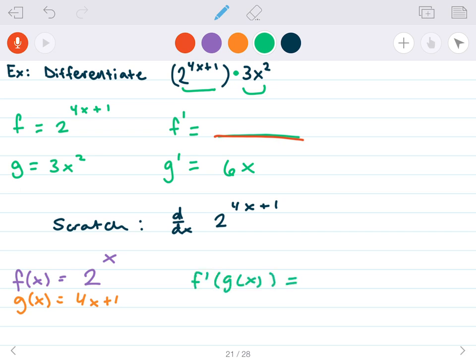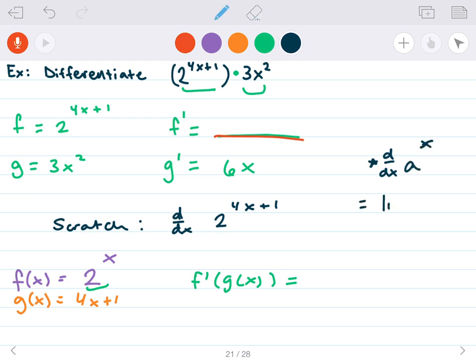Remember this was the special derivative, so let me just remind you of what that was. Let's do it like the derivative of a to the x, where a is a constant.